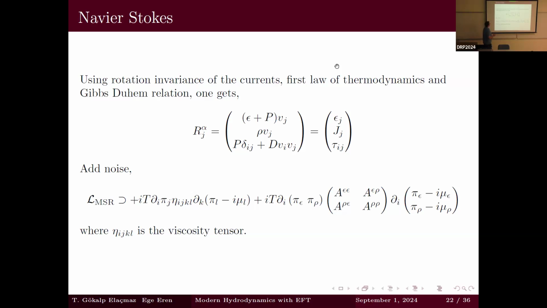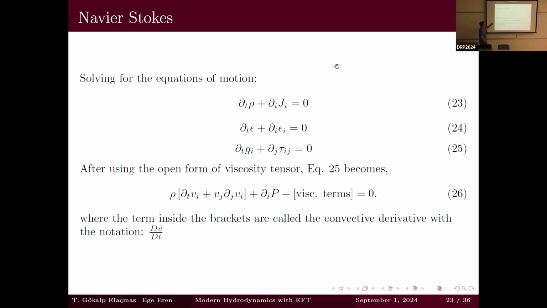And using rotation invariance of the currents, which is supposed to be the case, the first law of thermodynamics, and the Gibbs-Duhem relation, we get that the currents are given by this equation. And adding noise and dissipation, like we did from before, while introducing this viscosity tensor, we get the continuity equations that I described from before.